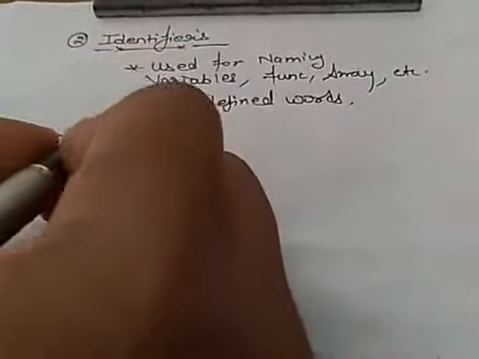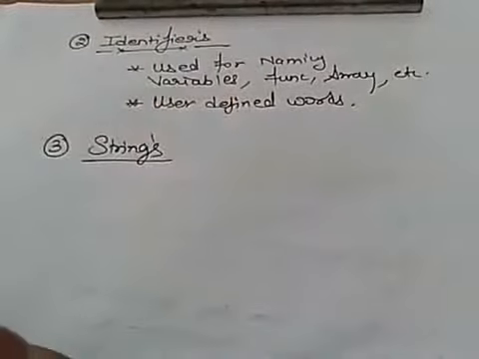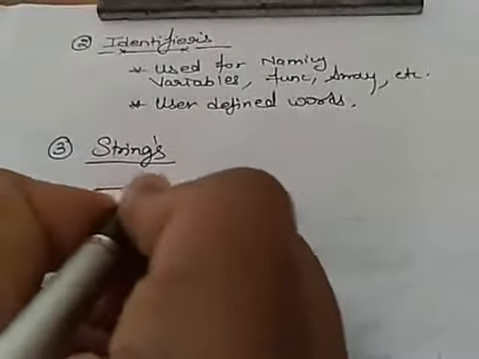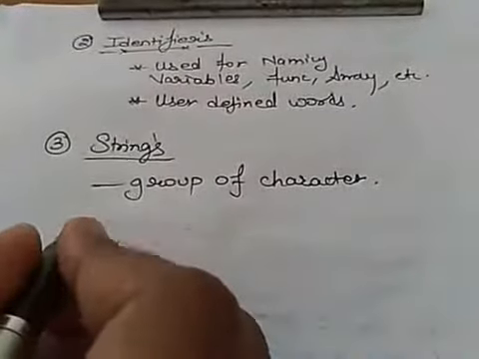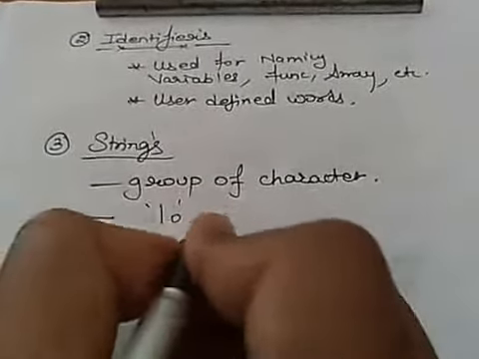Now, third token in a C program is strings. As we know that a string is a group of characters, and at the end of a string there will always be a null character.